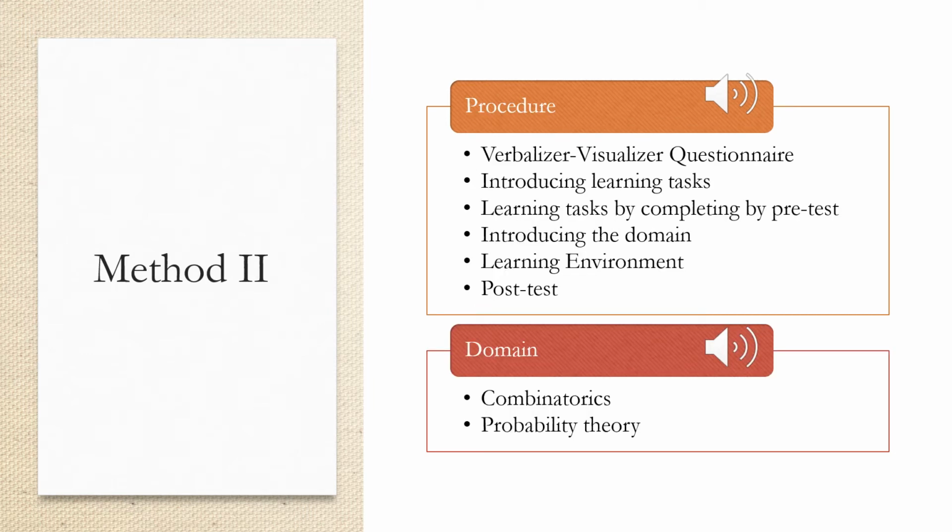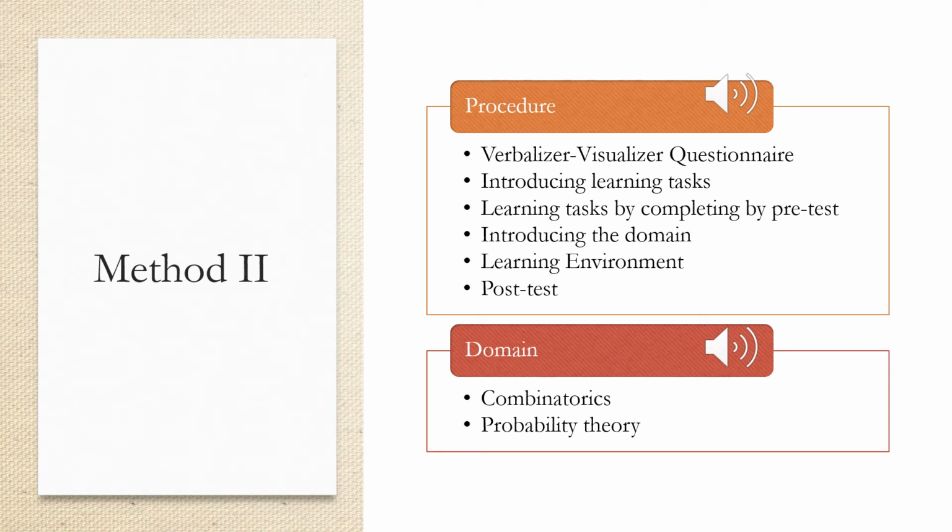Participants were asked to complete the verbalizer-visualizer questionnaire and two versions of the Groninger Intelligence Test 2, perceptual speed and the reasoning test. They were asked to complete the object perspective taking test, which was limited to 5 minutes.